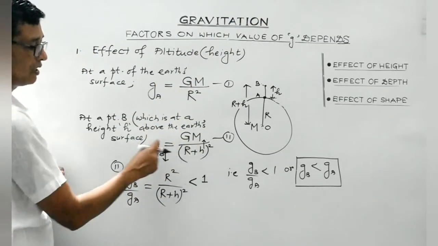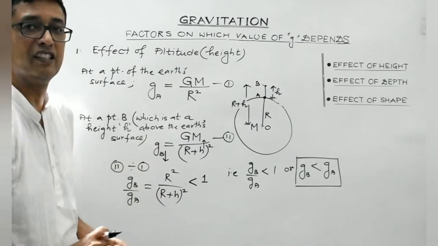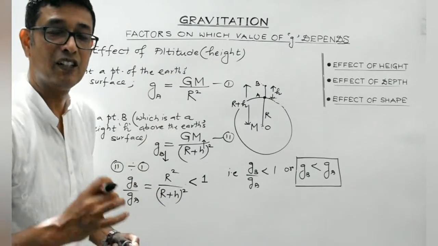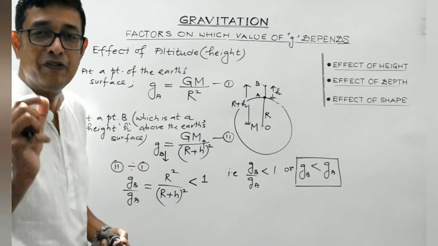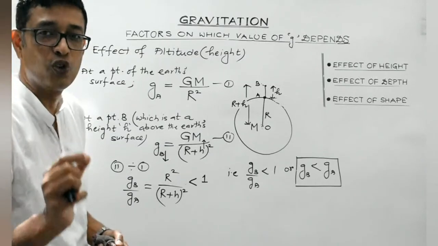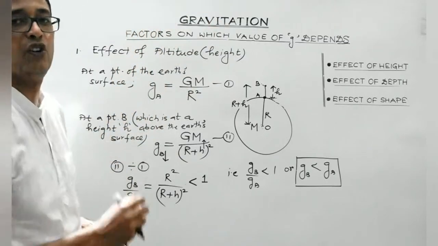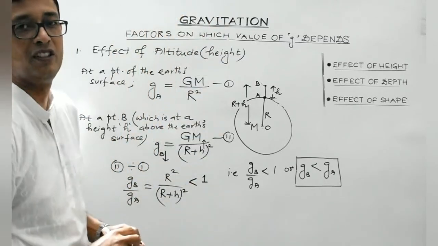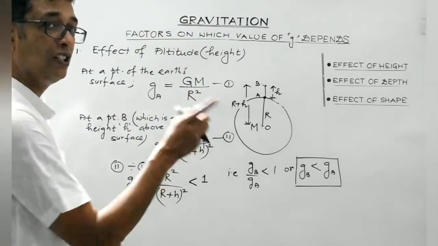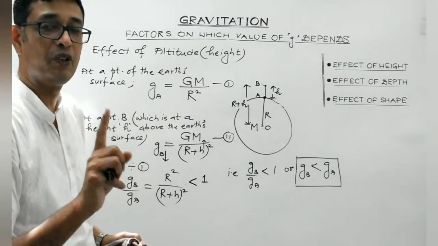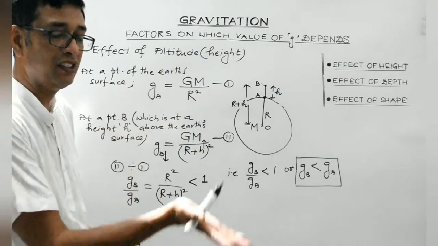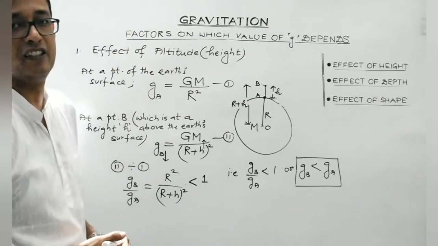With the increase in the denominator, this value of small g will decrease. So what's the ultimate conclusion then? The value of acceleration due to gravity decreases with the increase in the height or with the increase in the altitude. So at a point on the Earth's surface, the value of acceleration due to gravity will be maximum, and with the increase in the altitude, it will keep on decreasing.